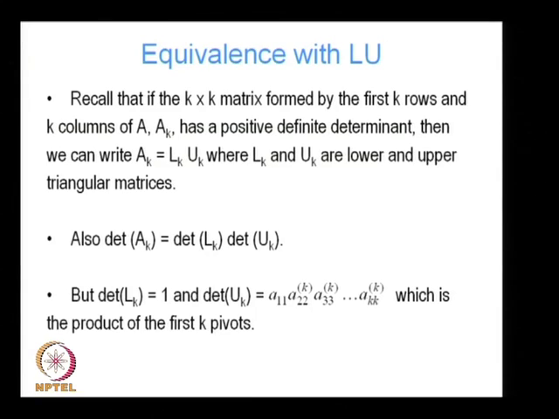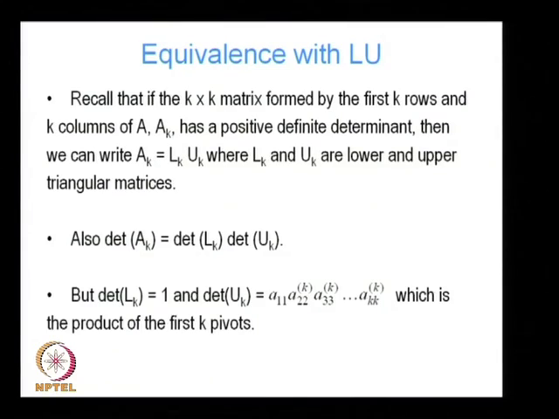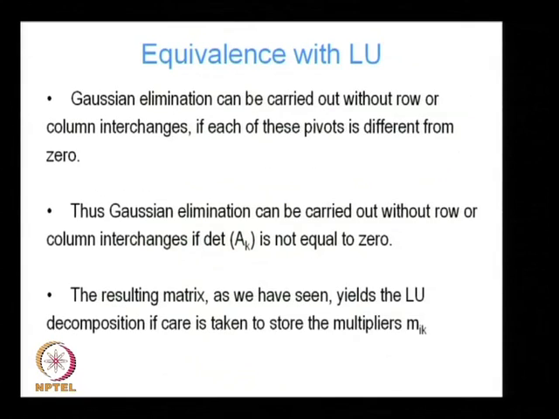Since all the diagonal elements are 1, the determinant of L_k is equal to 1, and the determinant of U_k is again the product of its diagonal elements, and its diagonal elements a11, a22^(k), a33^(k), etc. are nothing but the pivots in the Gaussian elimination. So, the determinant of U_k is nothing but the product of the first k pivots.